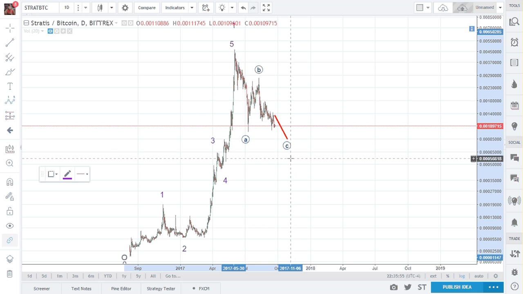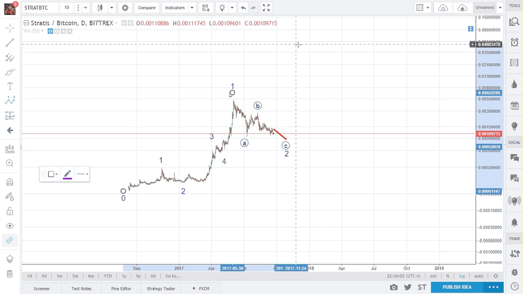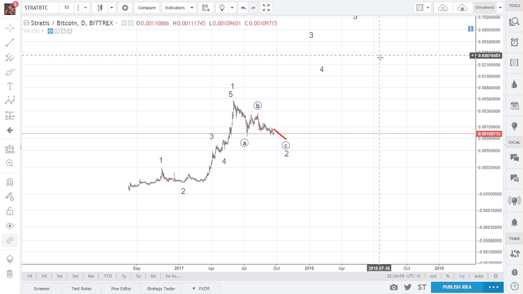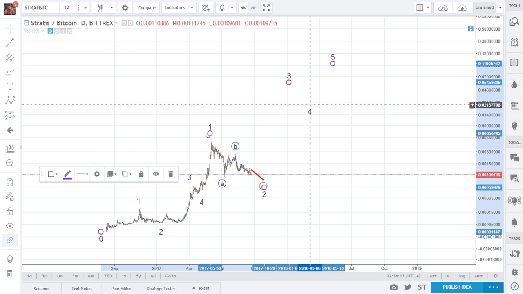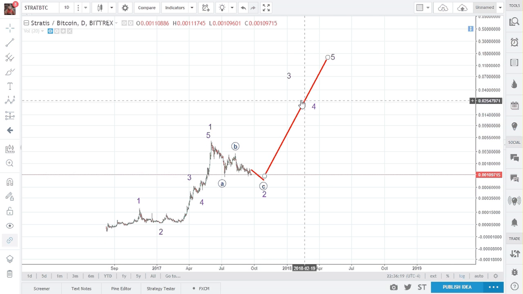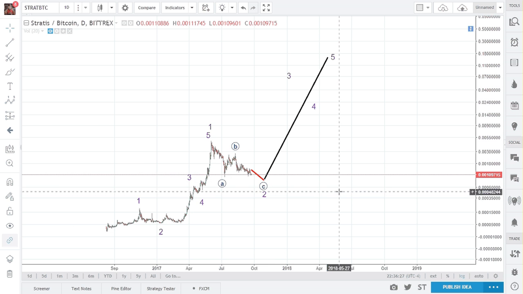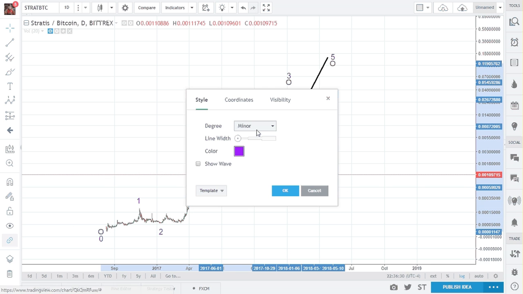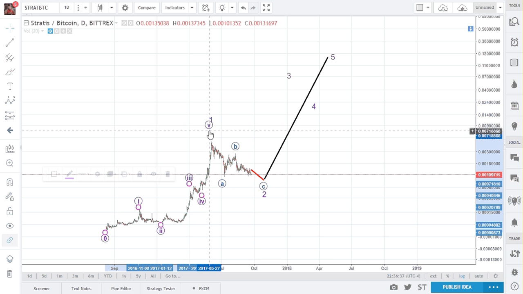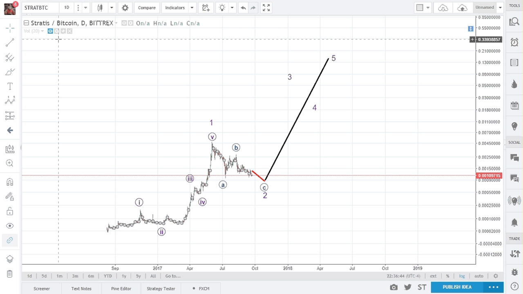This ABC is a higher level degree wave 2. Three, 4, 5. Okay, that does it for Stratus / BTC.